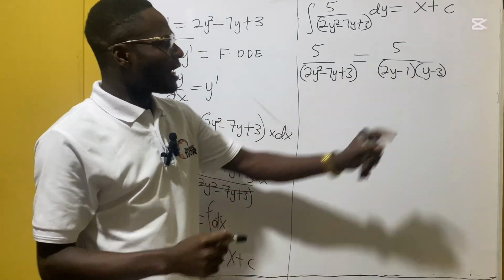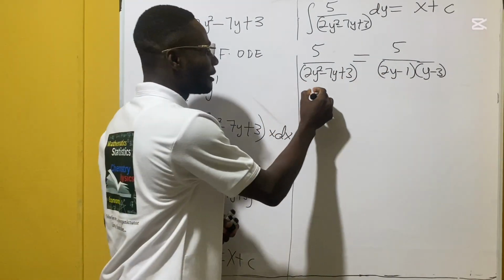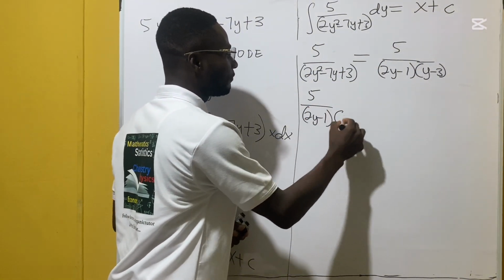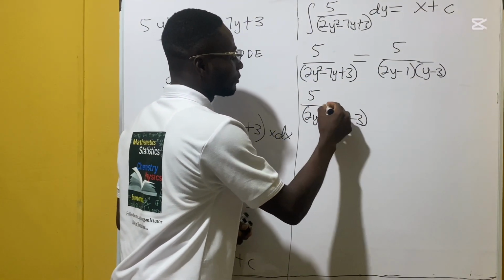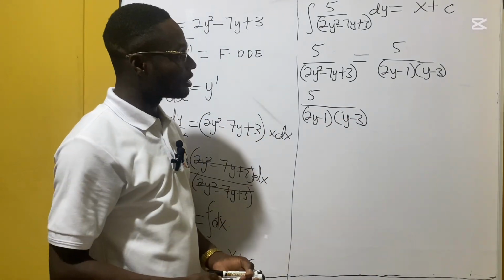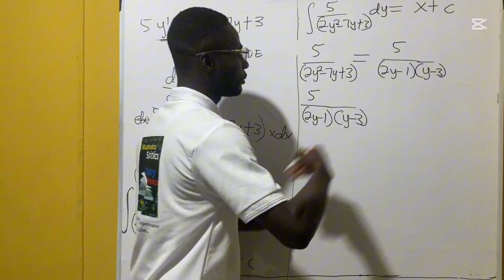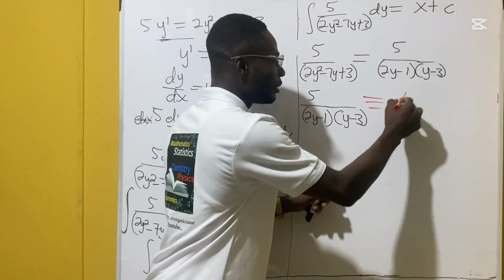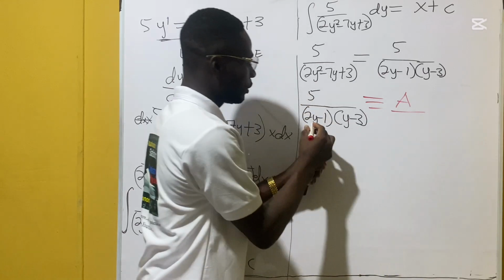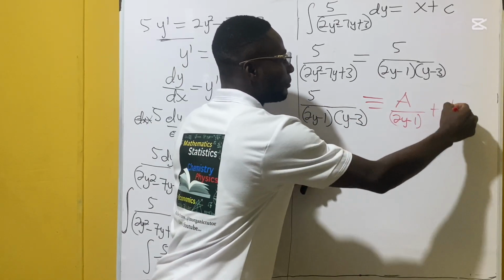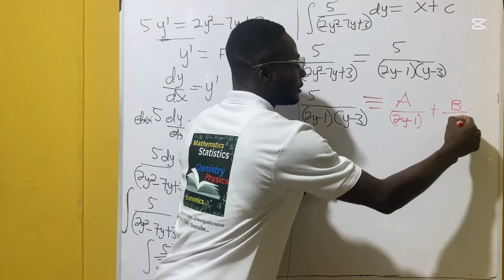Now we can rewrite it in the partial fraction form. So this is equivalent to A over the first term plus B over the second term.